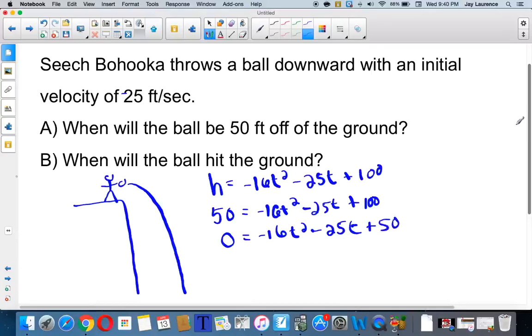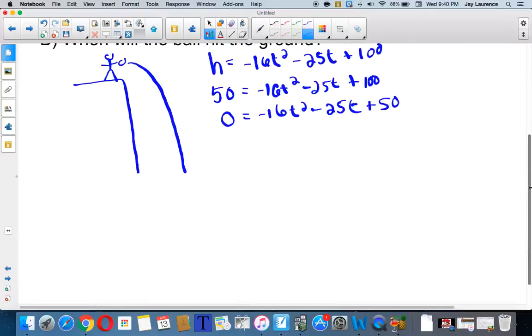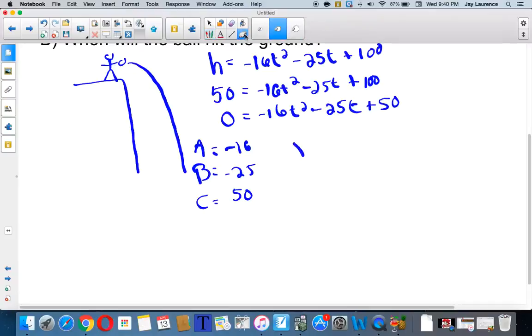And so now I can go to the quadratic formula, right? And so I'll identify A, B, C. Easy as negative 16, negative 25, 50. And I go to my quadratic formula. And I guess I shouldn't be using x on this, but it's the same thing. I can put t, right?